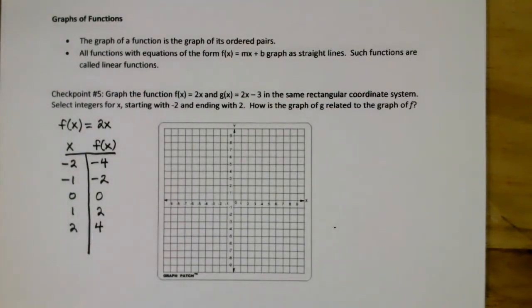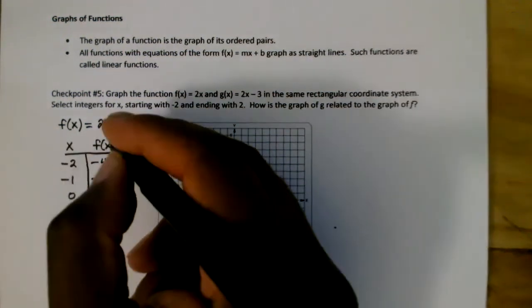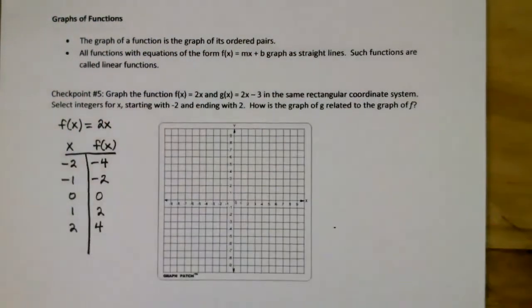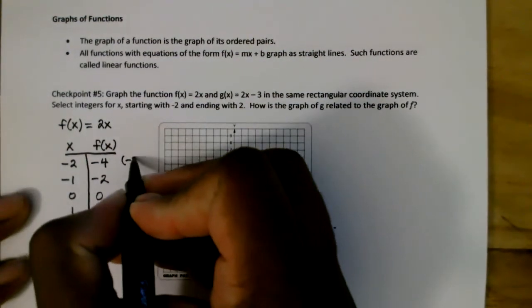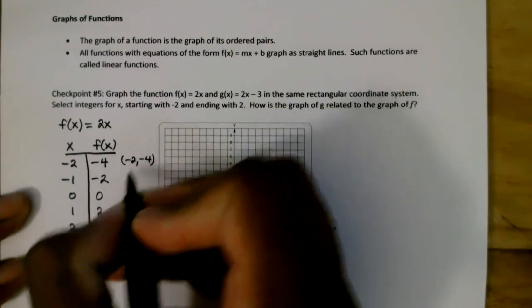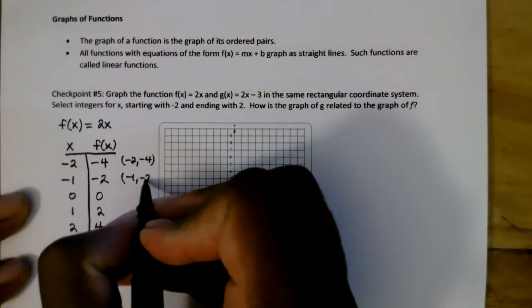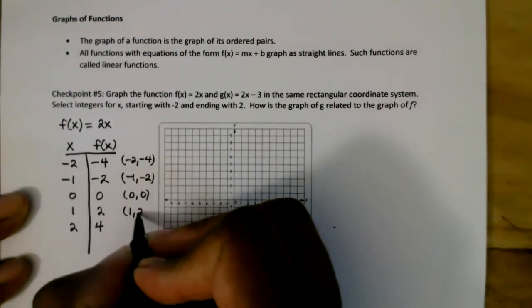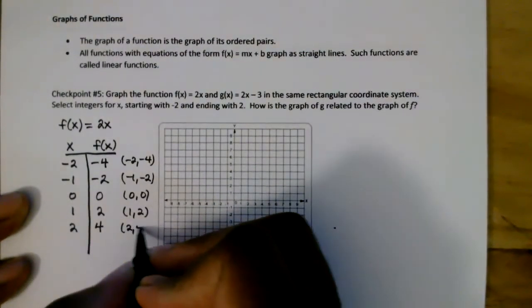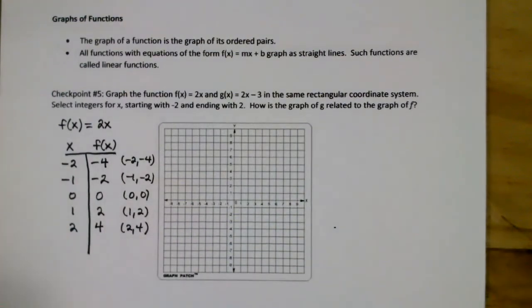All I do there is just substitute each of these in place of x to get my f of x values. And these are going to be my ordered pairs here, of course. Now I write them as -2, -4, then -1, -2, 0, 0, 1, 2, and 2, 4. I'm going to plot these on the coordinate plane.